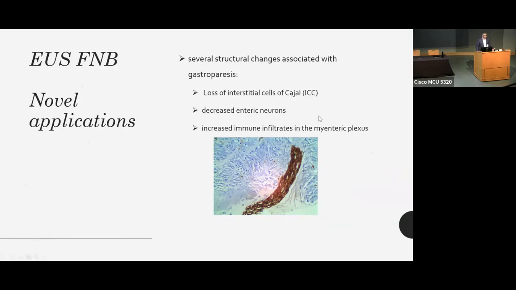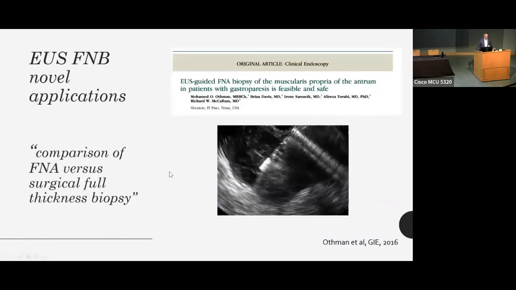Our idea was, can we really get the interstitial cells of Cajal for research by doing FNB versus not doing FNB, by doing surgery? At that time, they used to do full thickness biopsy at the time they place the stimulator. So this patient would have a gastric stimulator, and that requires laparoscopy. And during the laparoscopy, they do a full thickness biopsy, which I thought was crazy because you could just do the same with FNB. And when I told him that, he didn't believe me.